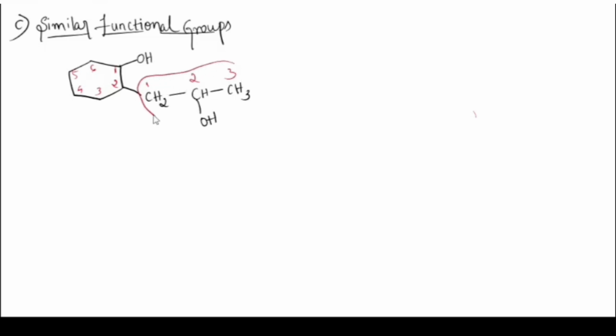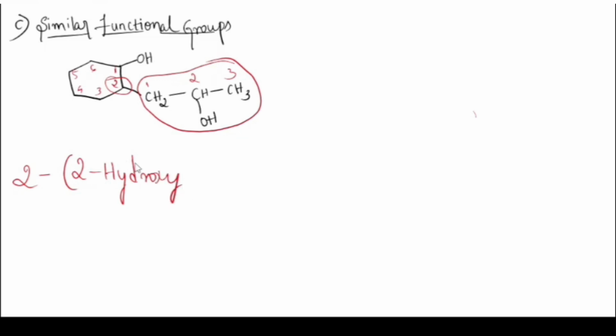This whole thing is a side chain over here. We have to write it as a prefix. That's why here at the second position, this is the second carbon, I write 2 at first, again with a parenthesis, and at the second position there is hydroxy. That's why 2-hydroxy.